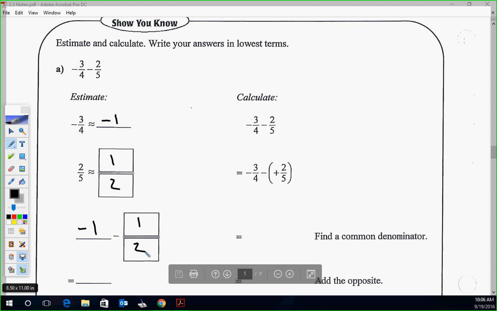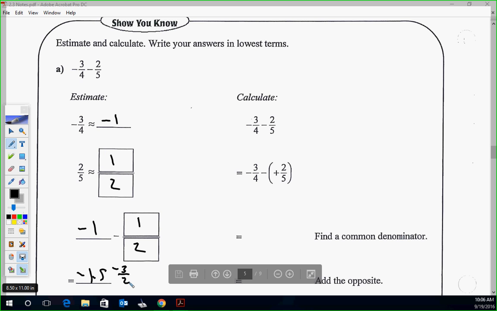So they're both negatives though. So you owe $1, you borrow another 50 cents. So you're going to owe... What's that? But you're subtracting it. Yeah, it'd be negative 1.5, okay? So that's a negative $1.50, or in terms of fraction, negative 3 over 2. Okay, it's a bigger negative, right? Because we're adding our integers.